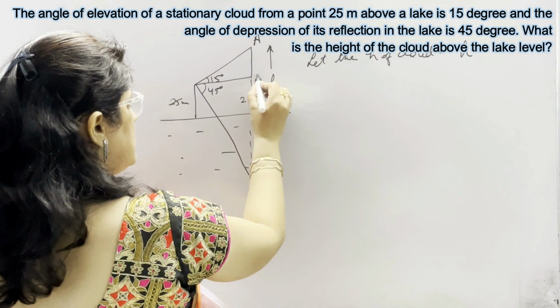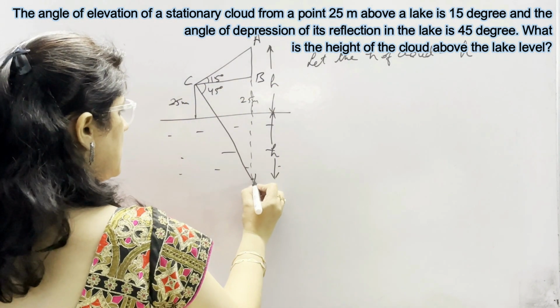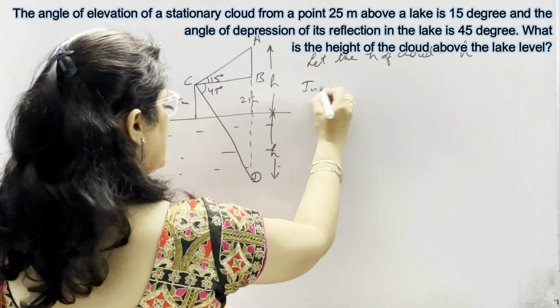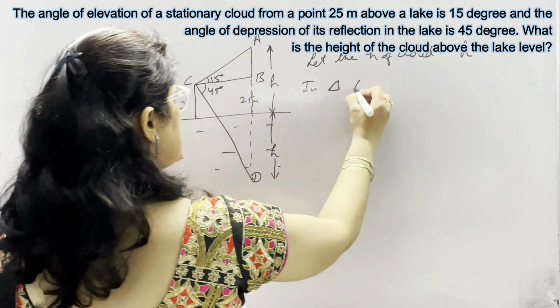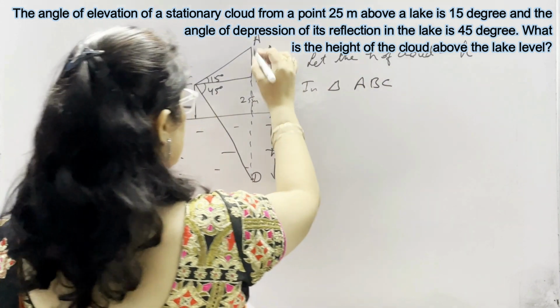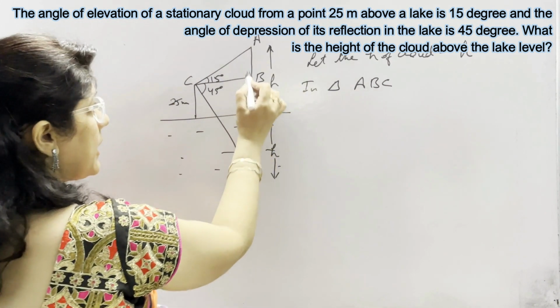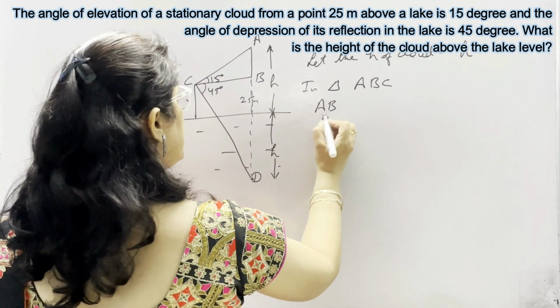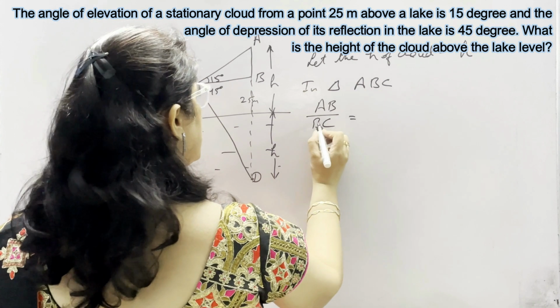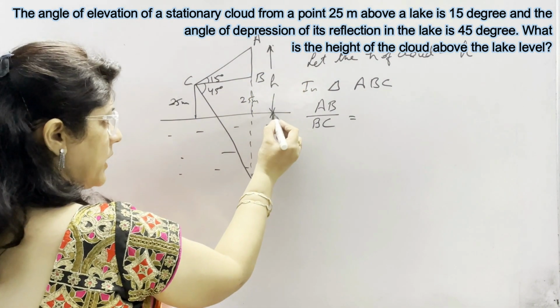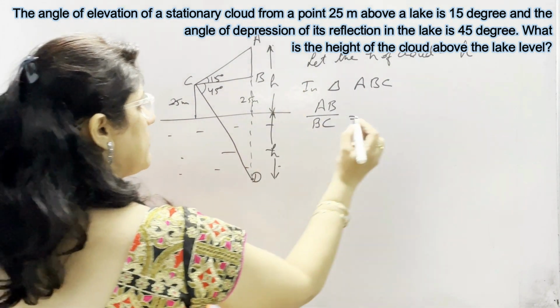Now taking triangles A, B, C and then D. In triangle ABC, this smaller triangle, tan 15 is AB upon BC. Now the value of AB is this total H minus this 25.